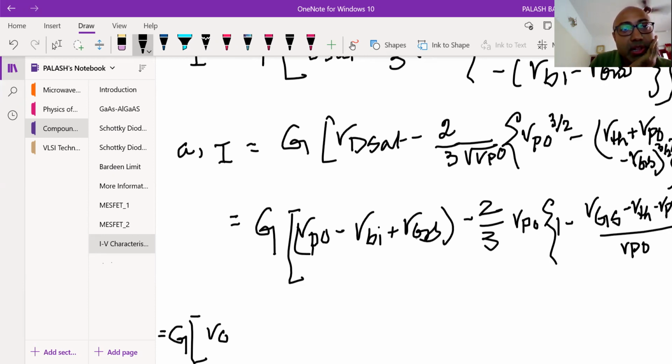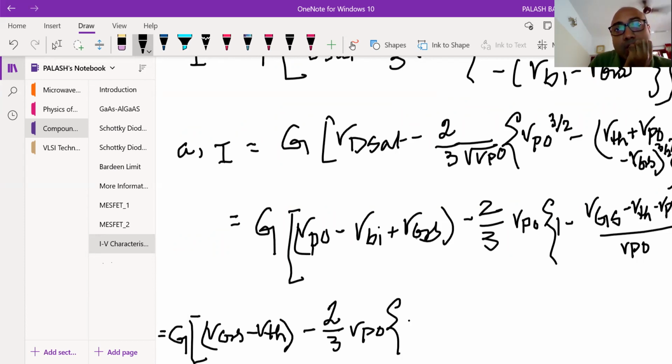So VGS minus V threshold voltage, right? 2/3 of VP0, 1 minus VGS.